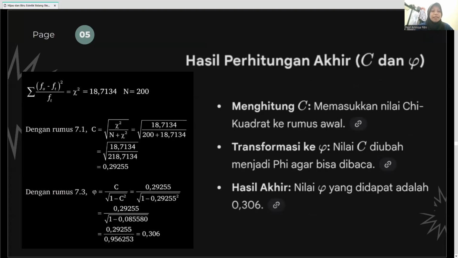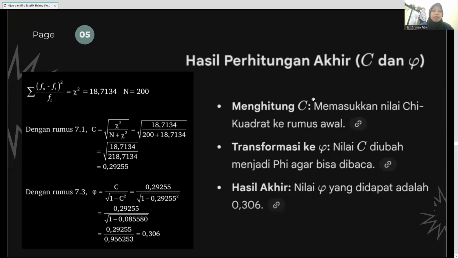So this is the final calculation, finding C. If you recall from the previous table, we found our total chi-squared value to be 18.7134. Now we bring that number back to our very first formula, plugging the number into the contingency coefficient formula, or the C formula. We get a result of approximately 0.29255.